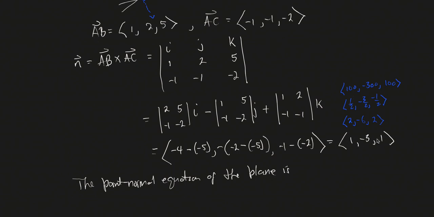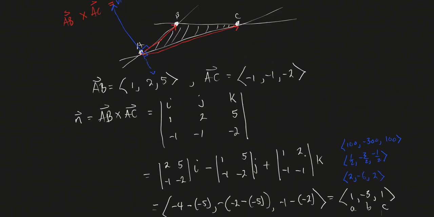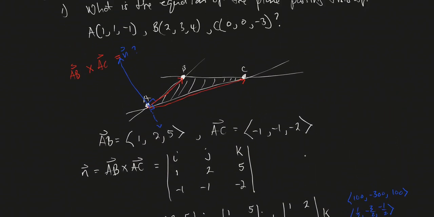I'm going to use the 1, -3, 1 as my A, B, C. But which point do I use? Like I said, it doesn't matter which point. As long as I've correctly computed a normal vector using the appropriate vectors in the plane, I can choose either A, B, or C. Again, let's just say using A.